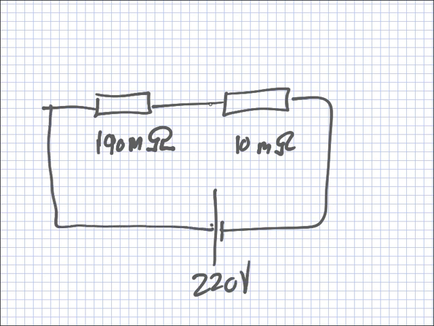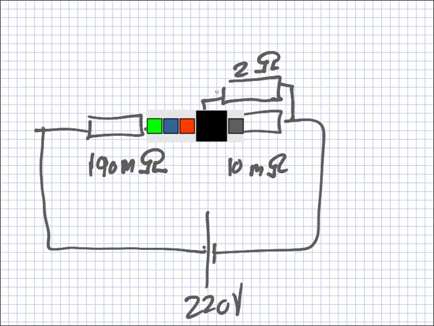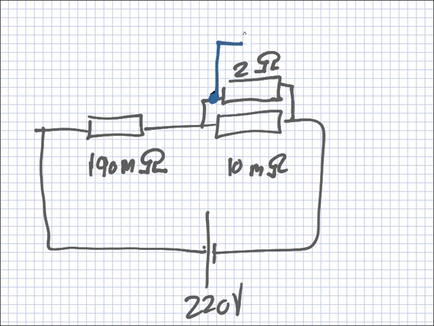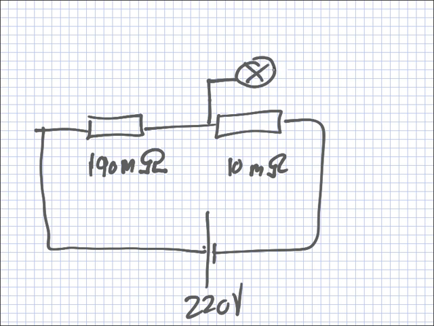Then in the question you connect another resistor here of 2 ohms. My question is, what is the voltage on this one? For example, maybe you connect a light that's 2 ohms, and I want to know the voltage here.